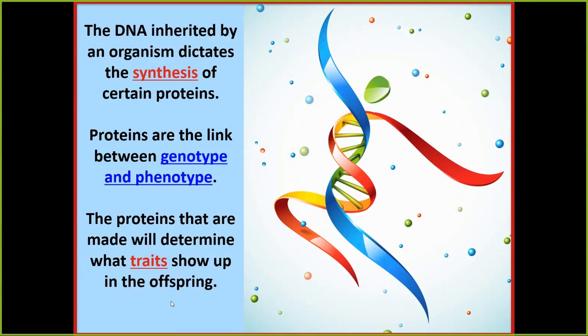Going back to Mendel, we know that proteins are the link between genotype, what is actually in your DNA, and the phenotype, which is the expression of those genes. For example, I have brown eyes. Somewhere in my DNA there is a code of genes. Eye color is actually controlled by several genes, but one specifically is found on chromosome number 15.